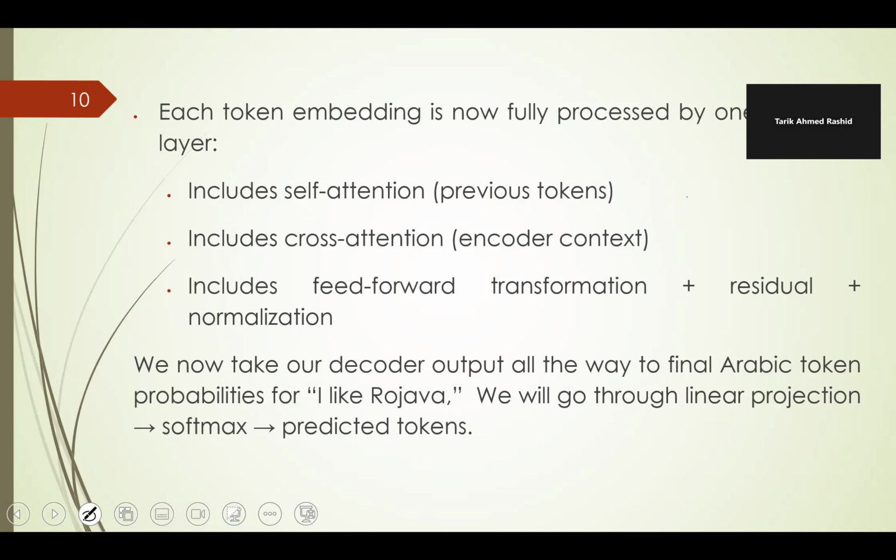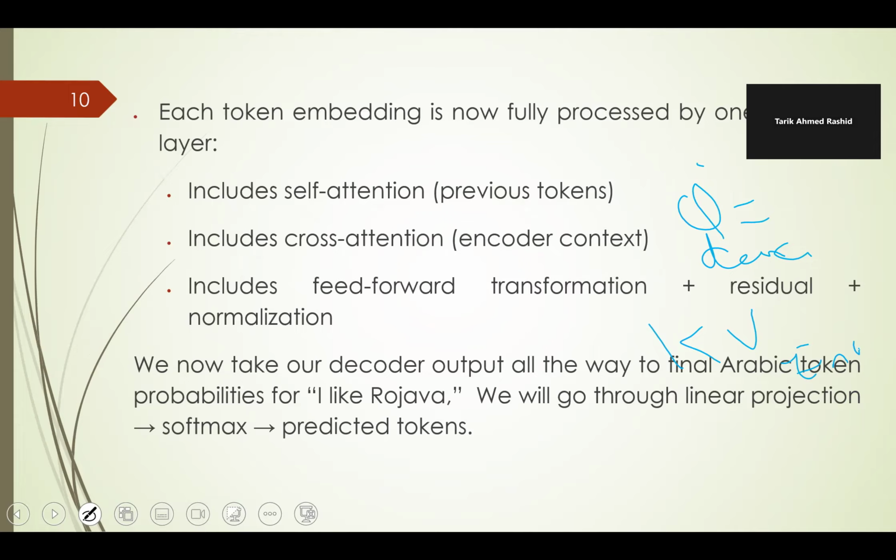So the query comes from the decoder, and K and V came from the encoder. So that's what we call cross attention. This is done. And now the output is ready to be translated to the final Arabic token.